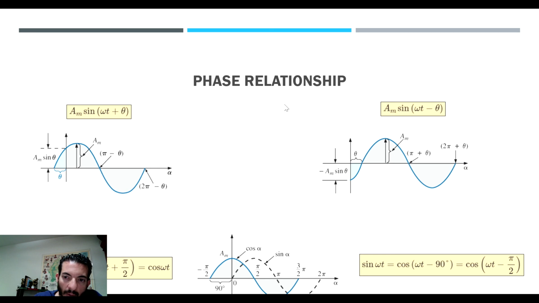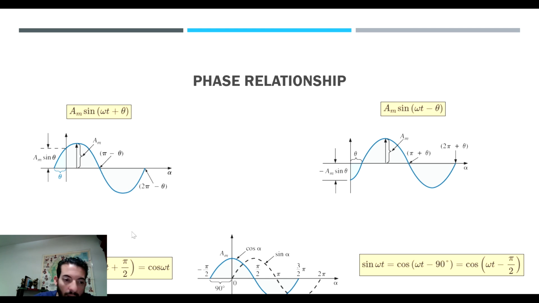Okay, when it's negative, the wave shifts to the right. And of course, since this wave is continuous, it's now starting from a different point. Okay, so the initial point is negative A sine theta. Here the initial point is A sine theta.